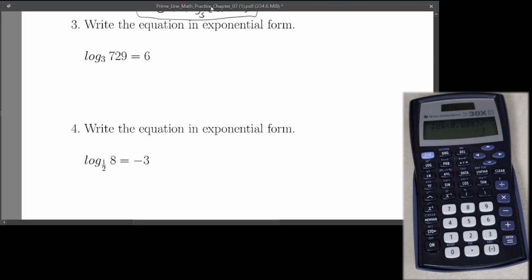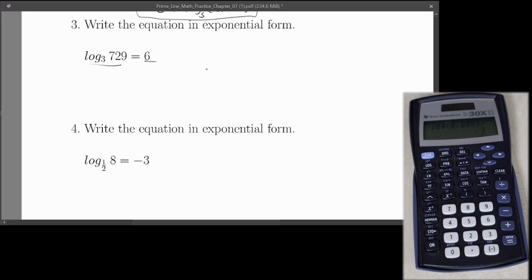Okay, number 3 asks us to write the equation in exponential form. So we're working kind of backwards on it. We're going to try and rewrite this on both sides. We notice that we have a base of 3 that we're using. So we can take this equation and make these the powers.